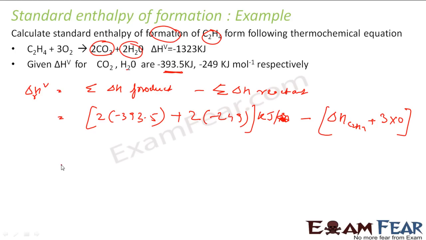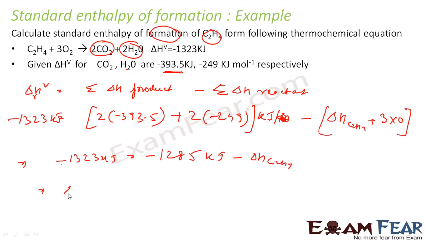So if you solve this, this value is something we know, that is minus 1323 kilojoule. This total sum, if you do, is equal to minus 1285 kilojoule minus delta H, which you have to find.